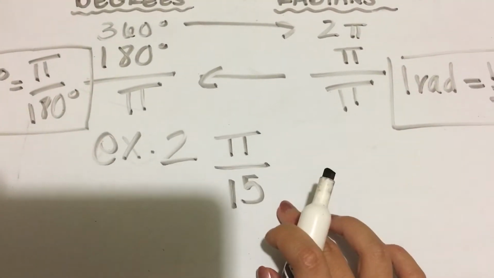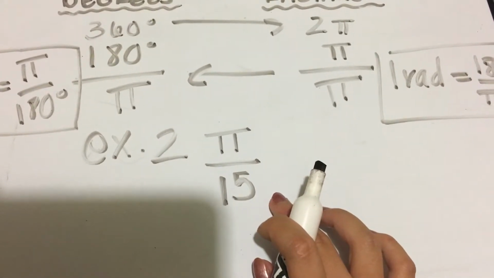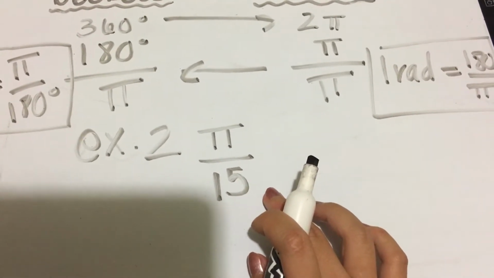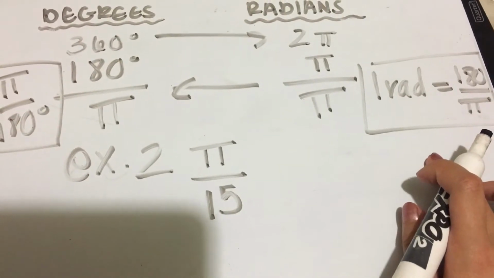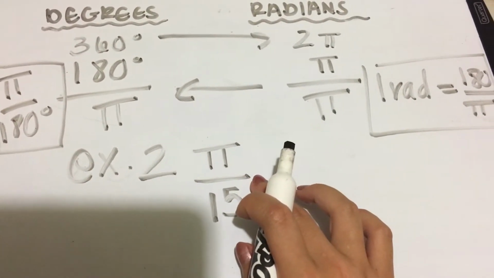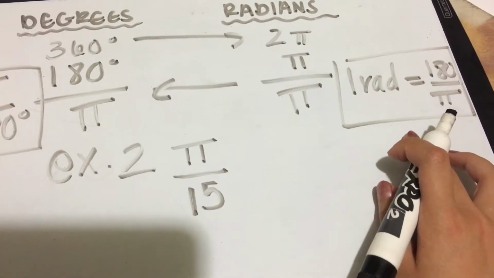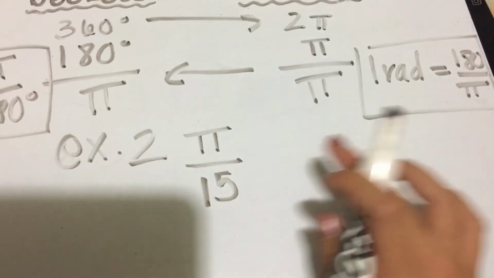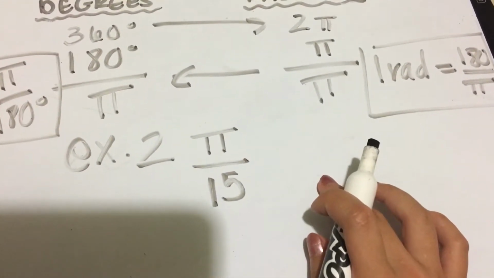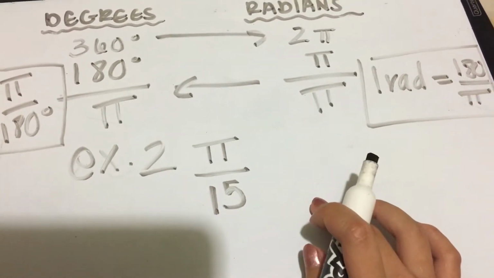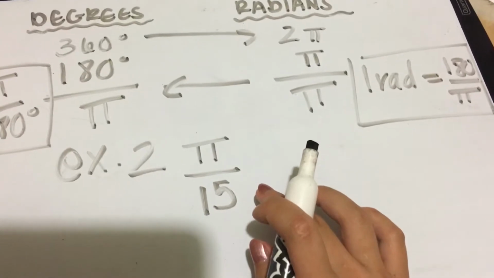But when we're given radians at the beginning and we're to find the degrees, we have to use this conversion factor. That's because in the problem, pi is in the numerator, whereas in the conversion factor, pi is in the denominator. When we multiply these two, the pi's will cancel, so the radians will disappear and we're left with degrees, which is what we're looking for.